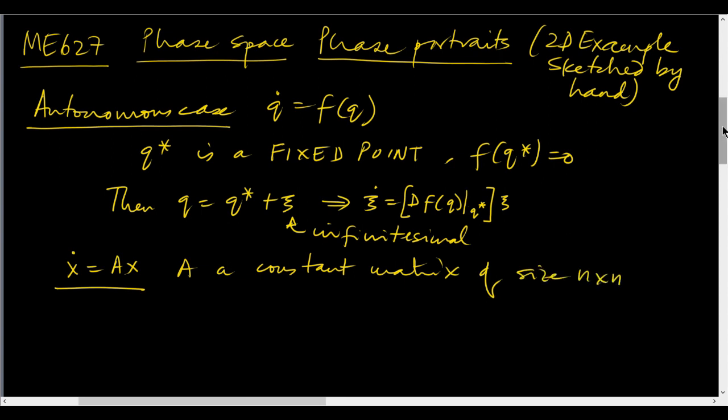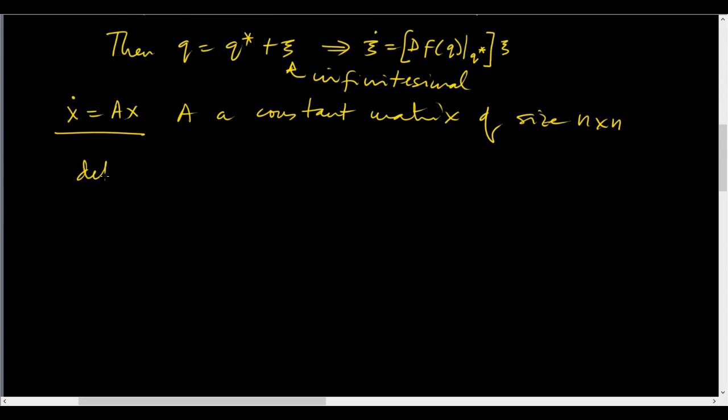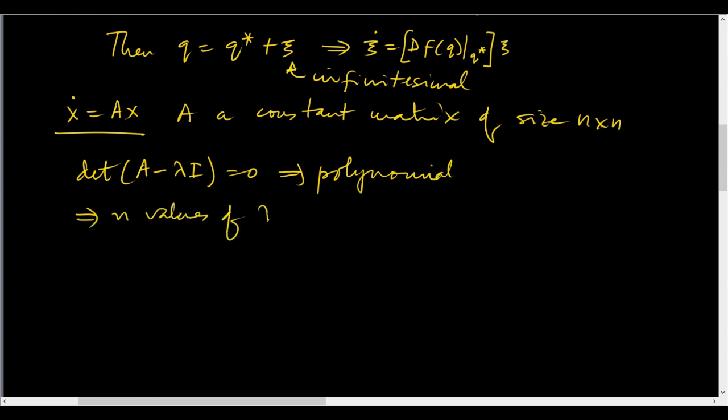Alright, we write determinant of A minus lambda I equals 0, we get a polynomial, we get n values of lambda including multiplicities. The repeated eigenvalue case is a little more complicated. For the moment we will avoid that.